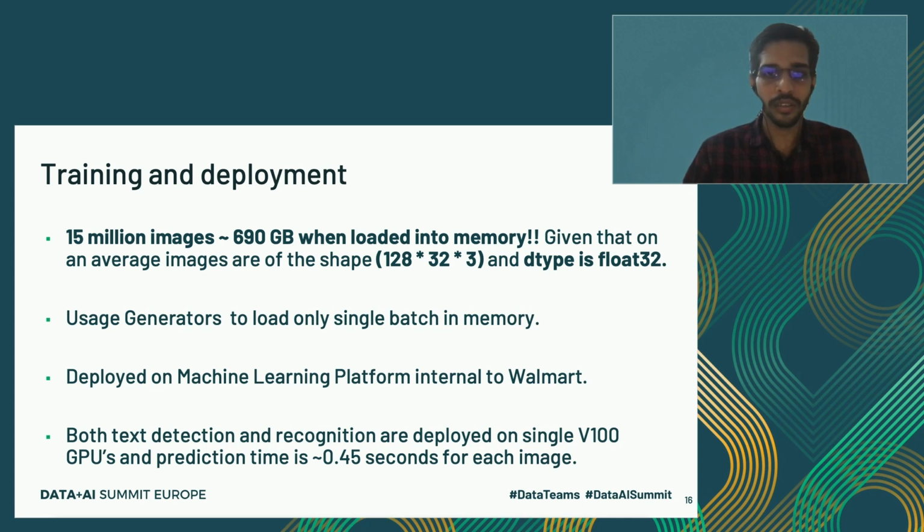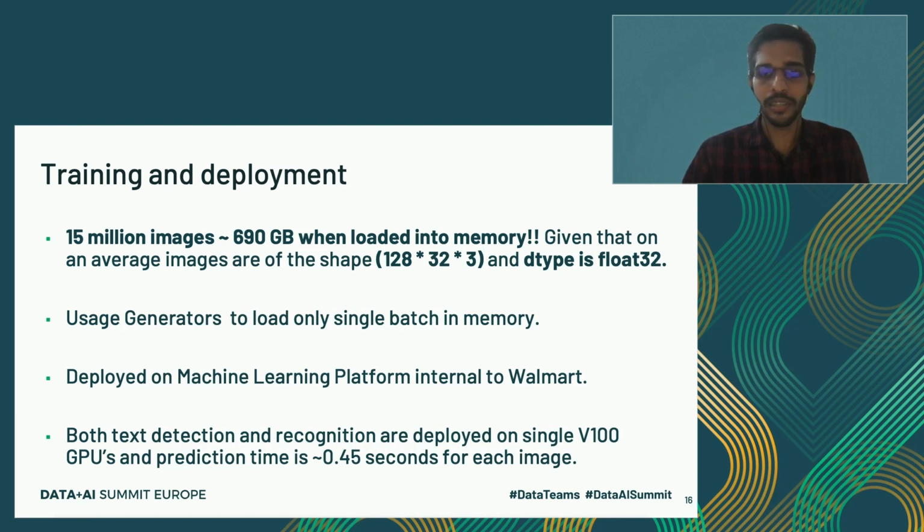The training was done on V100 GPUs, 4 GPUs in parallel. Once the model was trained, we deployed these models on a machine learning platform that is internal to Walmart. Initially, we had separate deployments for the text detection and recognition tasks. Later we saw that separate API calls needed to be made to extract the final text, which wastes 2 API calls, sending the image twice over the network.